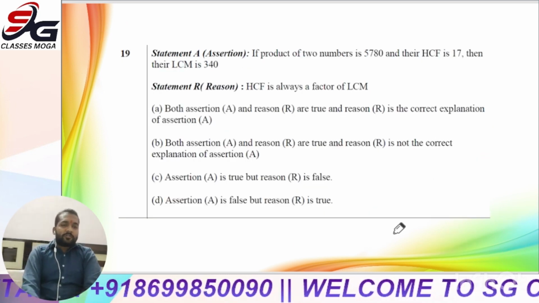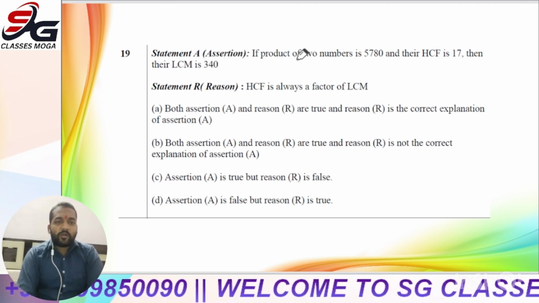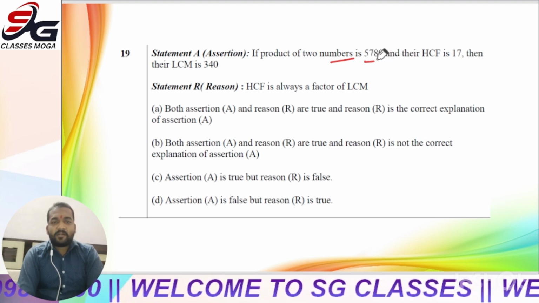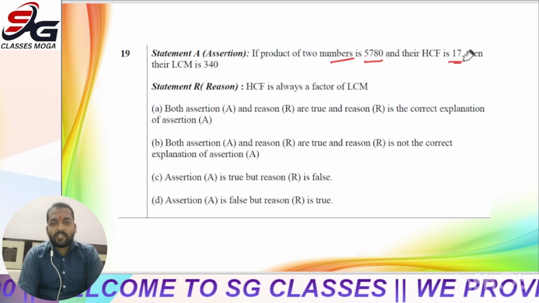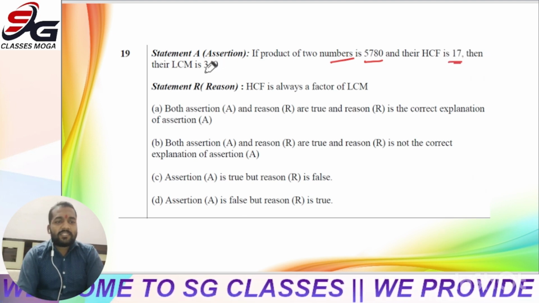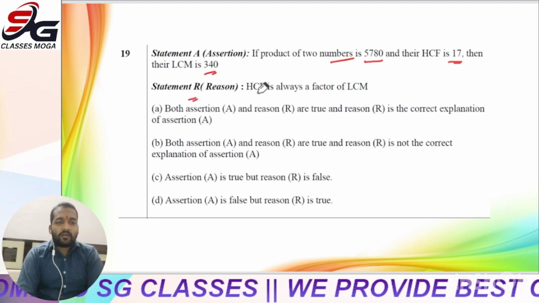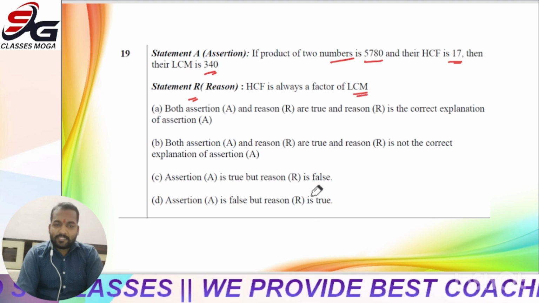So last question, students. Statement A, assertion: if product of two numbers is 5780 and their HCF is 17, then LCM is 340. Statement R, reason: HCF is always a factor of LCM.